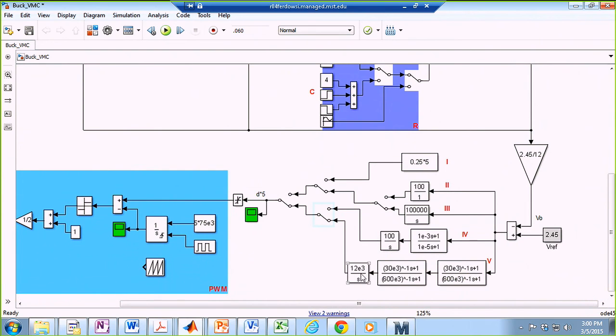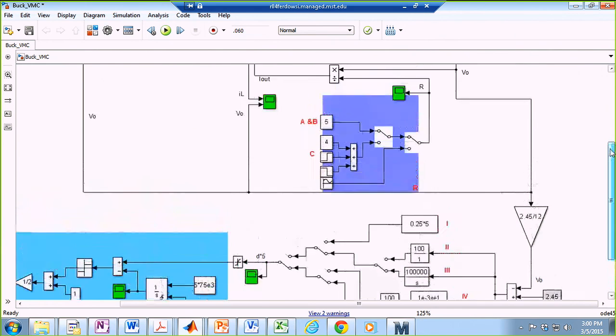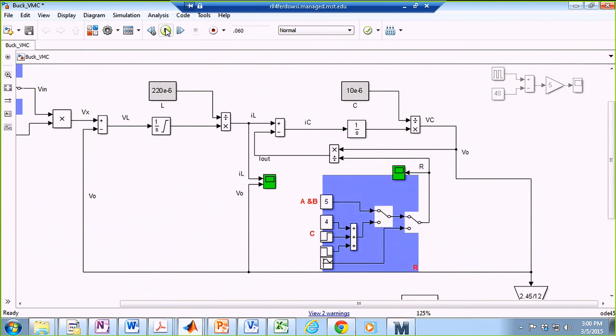It still has that 1 over s transfer function, an extra 0, an extra pole, an extra 0, an extra pole. So we have 2 zeros and basically 3 poles in our transfer function. And now I'm perturbing my input voltage. I'm still perturbing the input voltage.